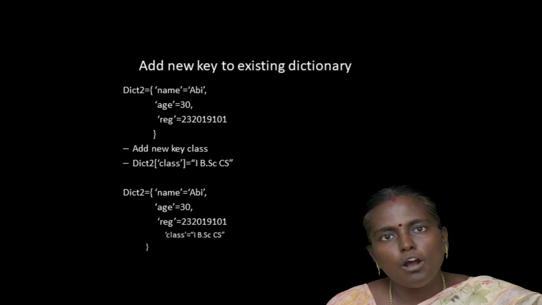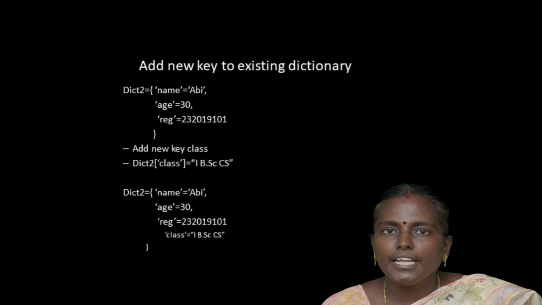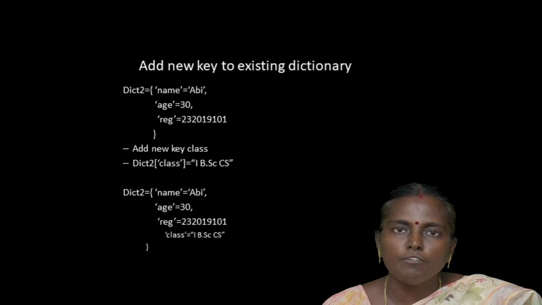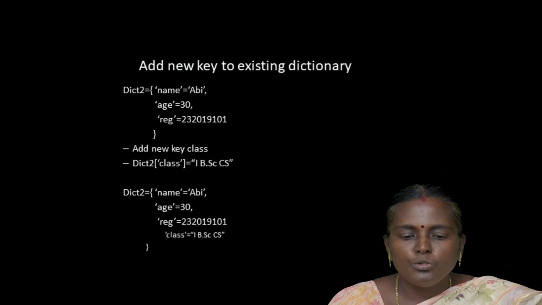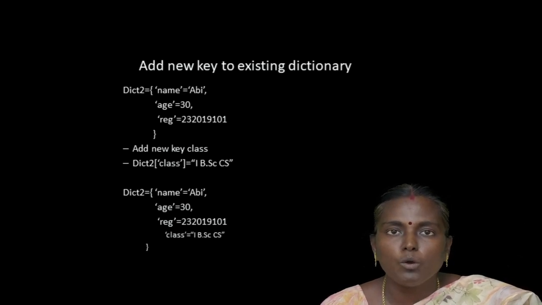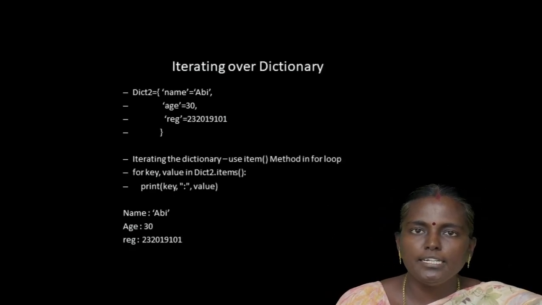So dict2 of class will be equal to first BSc. Now I have added class as one of the keys in that dictionary, and it gets added. Below I have given you the answer, showing how the original dictionary now gets changed. This way you can add a new key to the existing dictionary.